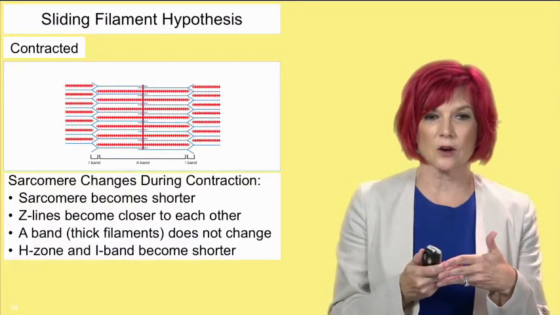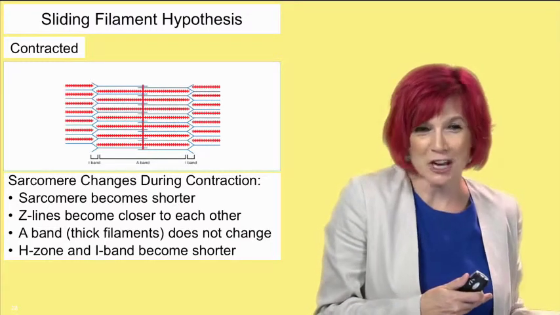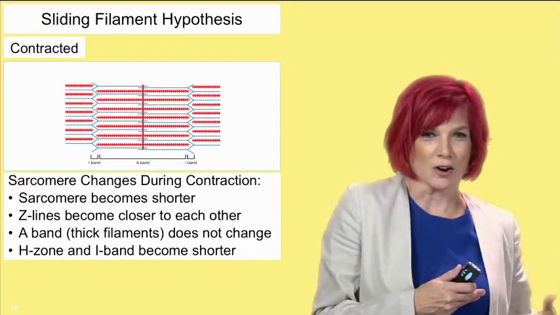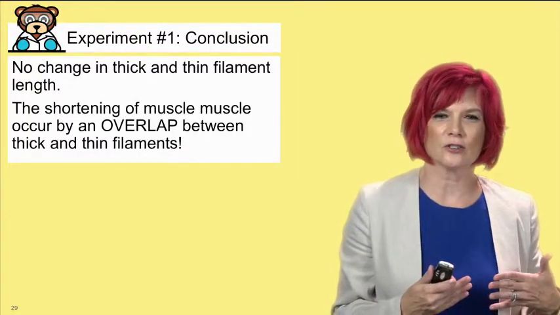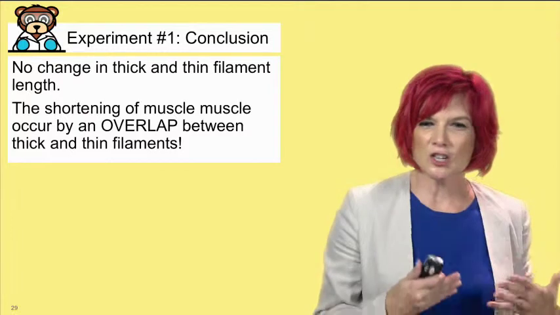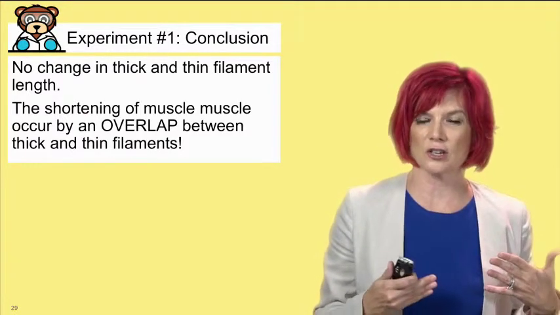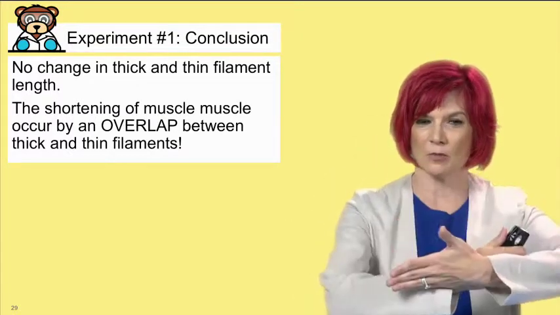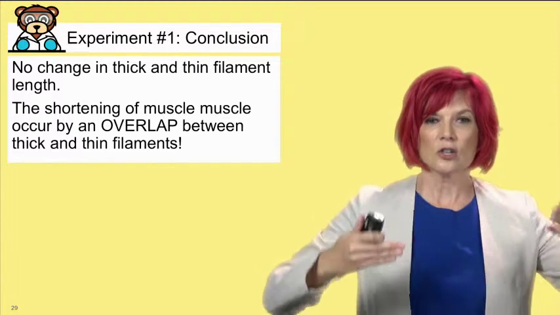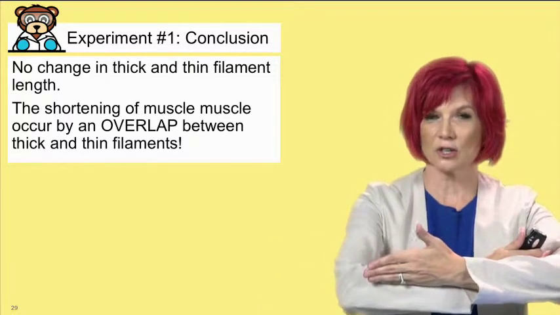And so what I just showed you or told you about the different changes that took place in the sarcomere are articulated below. And so that led scientists to the conclusion that there isn't any change in the actual length of the thick and the thin filaments during contraction. It's this whole concept that they're overlapping with one another, and that overlapping is allowing skeletal muscle to shorten during contraction.